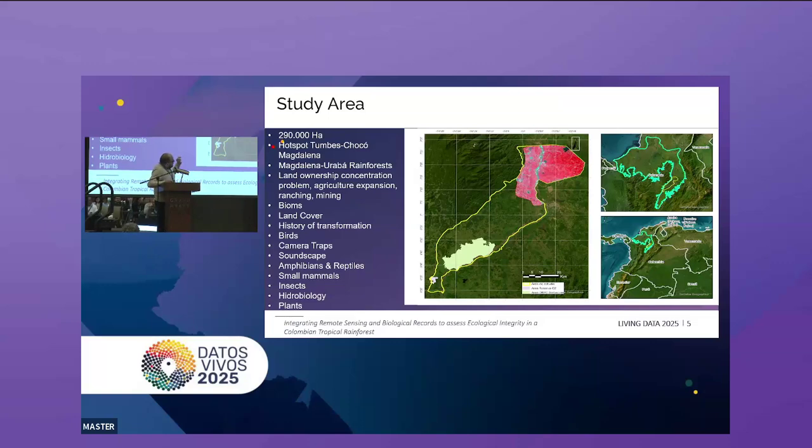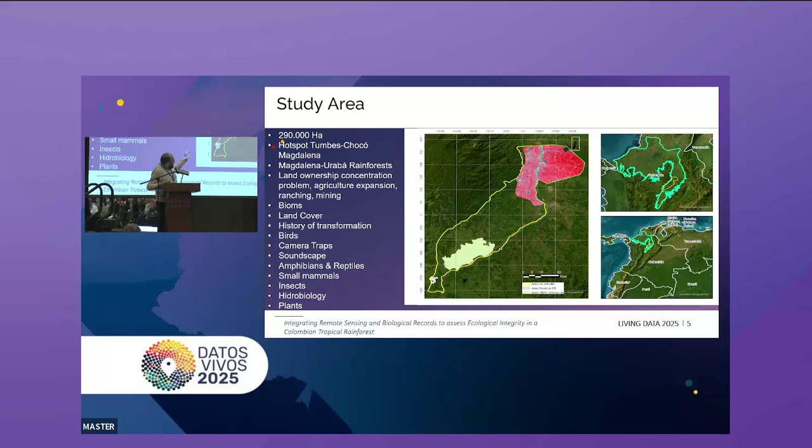And there is a huge level of intervention in this polygon. In the north, there is high intervention from mining and oil exploration. In the middle, the most frequent problem is land ownership and concentration.